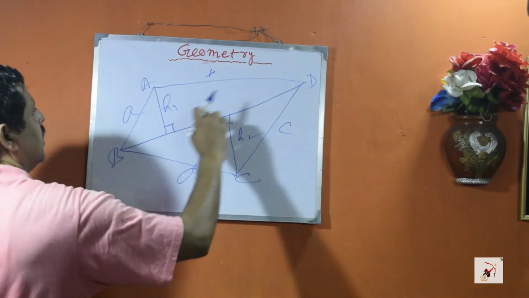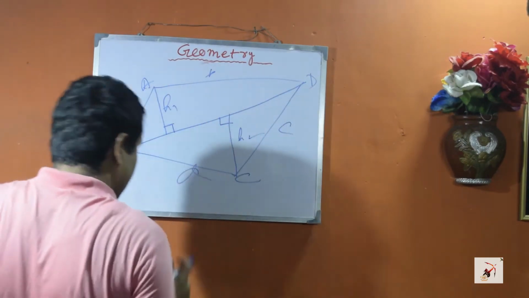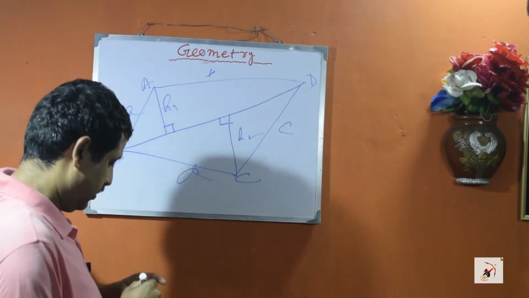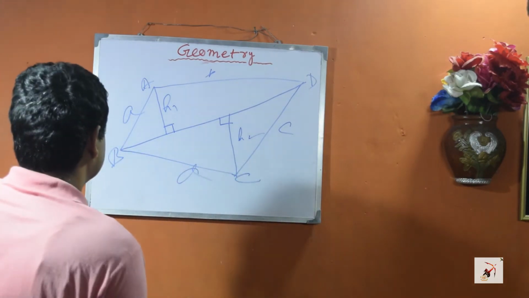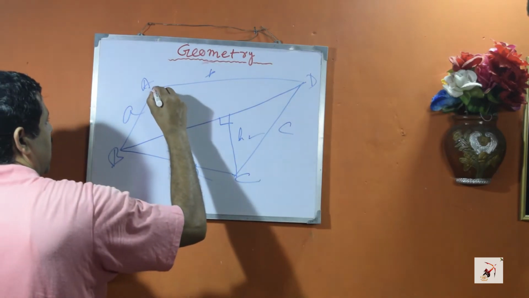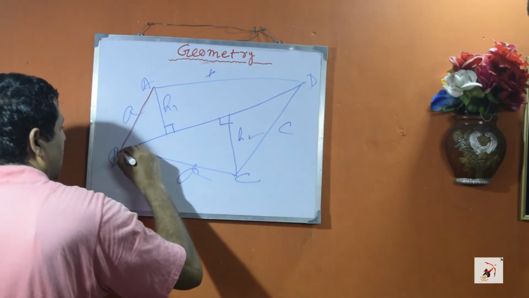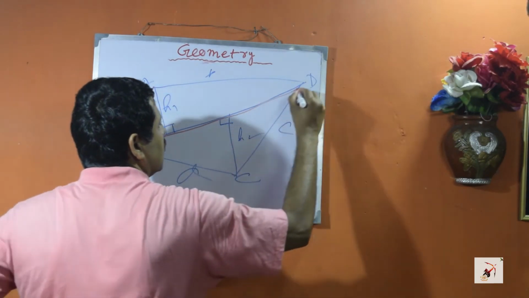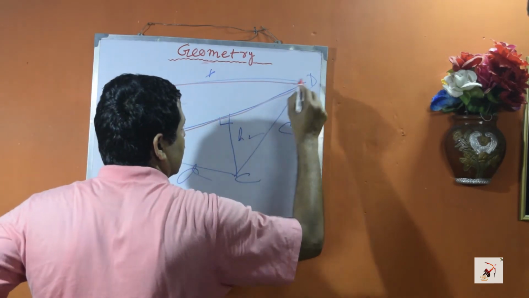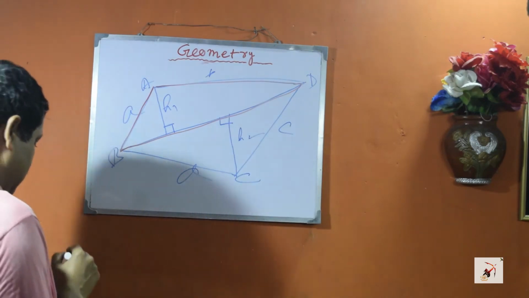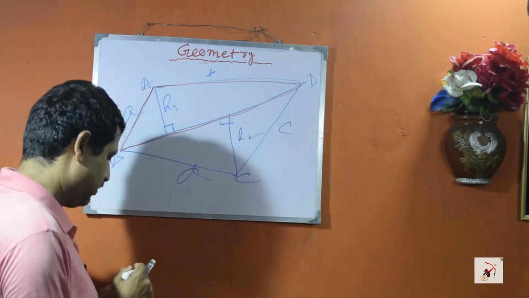Now this is a triangle, and this also is another triangle.